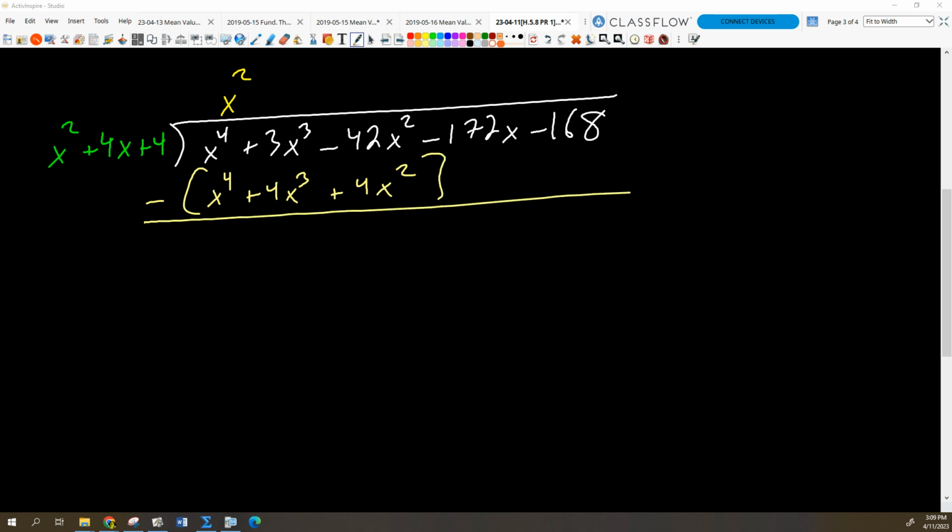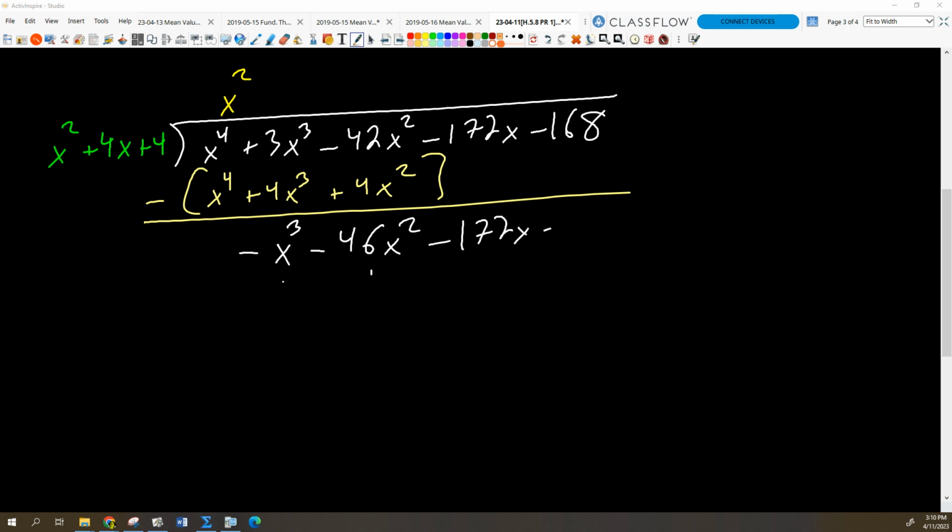I'll subtract in triangles. X to the 4th minus x to the 4th cancels. X cubes. Let's look at the numbers. 3 minus 4 is what? -1. Okay, so I get a -1 x cubed. X squared. So let's look at just the coefficients. -42 minus 4 is -46x squared.